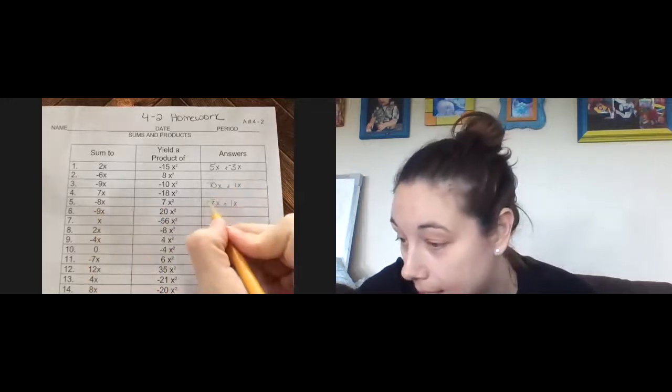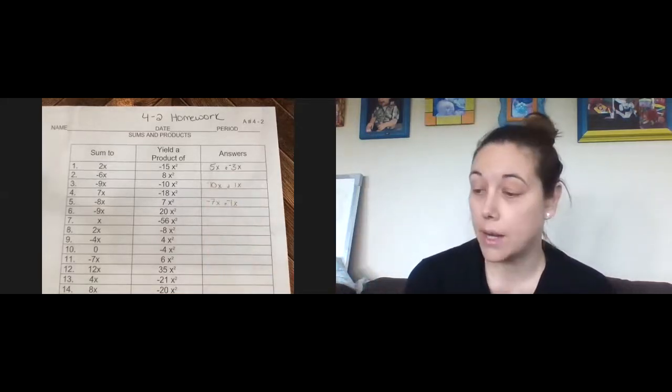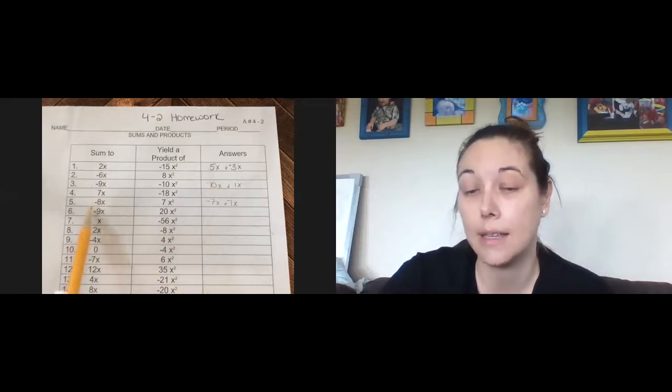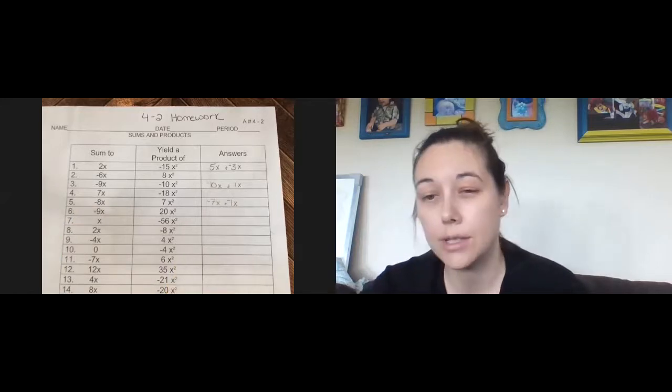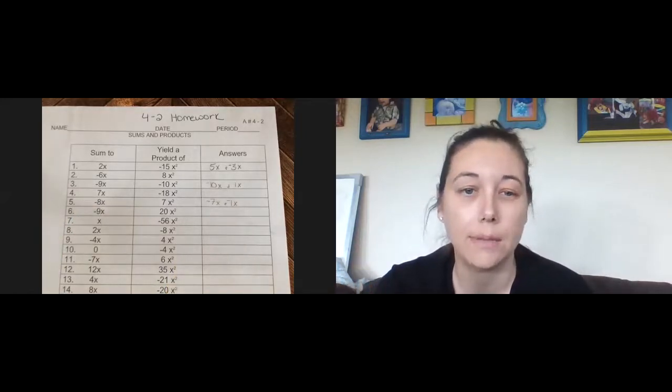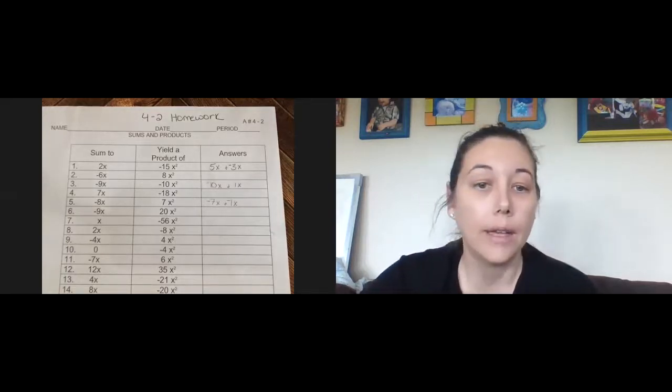If we negate both, it still gives us 7x squared when we multiply them together, but when we add them, it does give us that negative x. So that's good. Really, this is just kind of toying around with the negatives and positives until you find your correct factors.